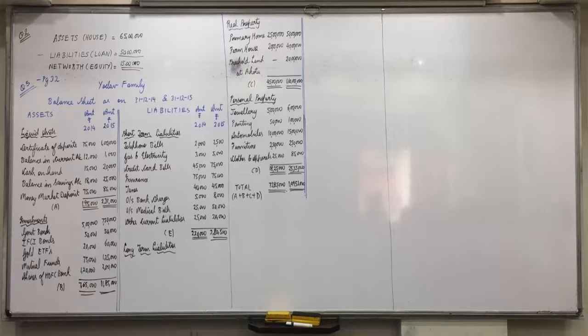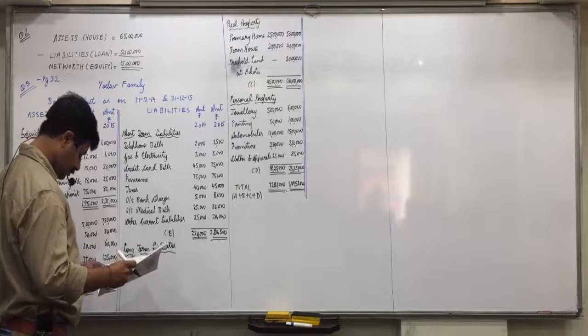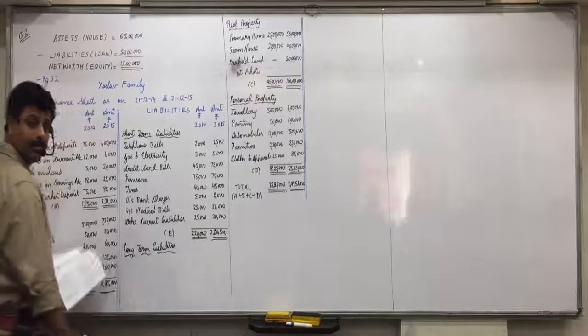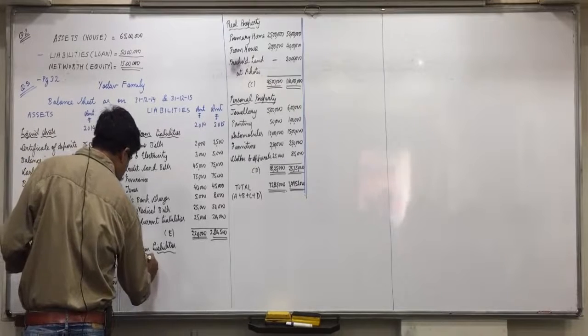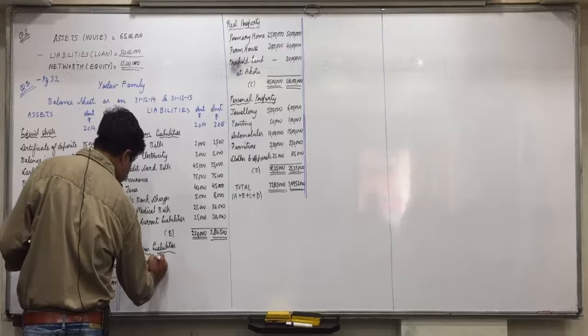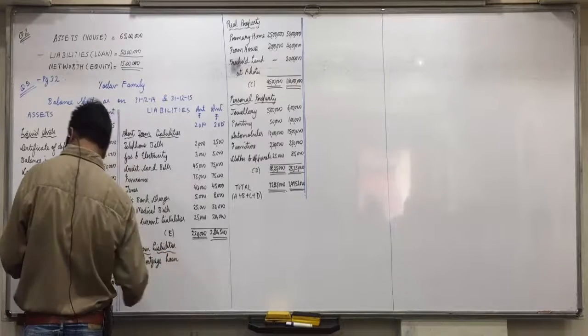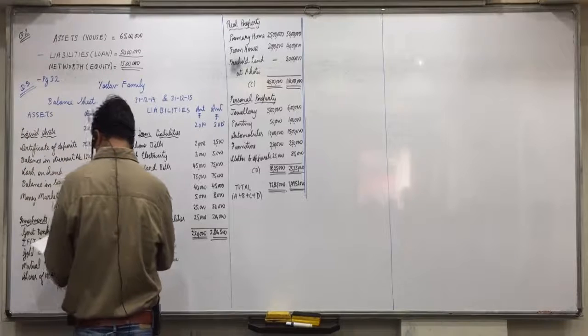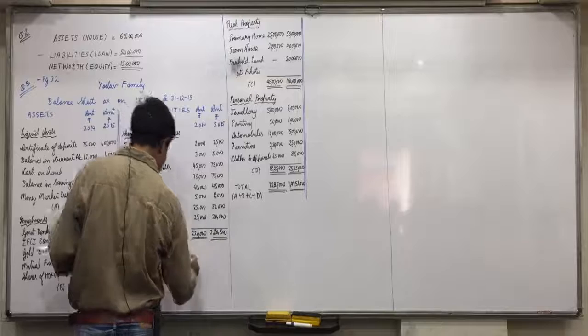Now long-term liabilities. Home mortgage loan, 2 crore and 20 lakhs and 18 lakhs.